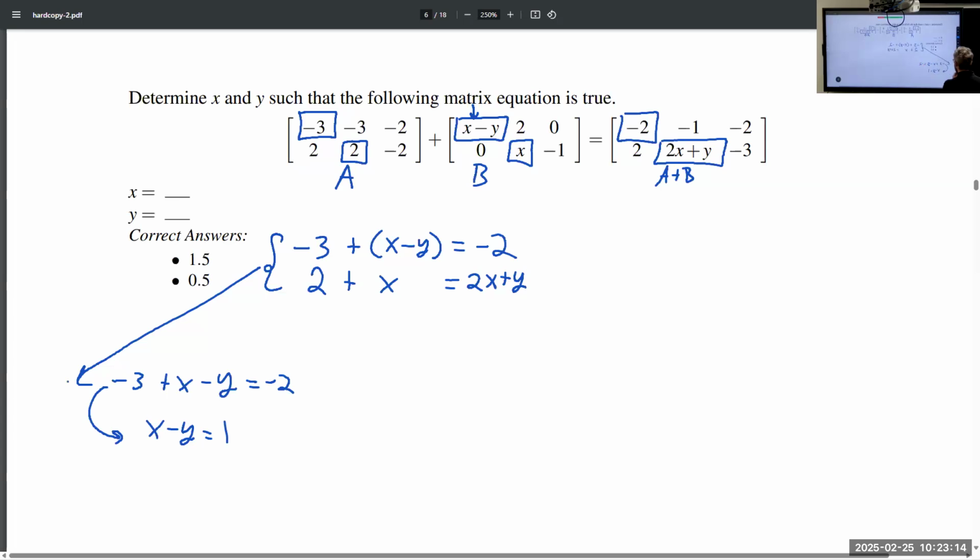I'm just moving the 3 to the other side. Maybe I should switch colors so it's clear what I'm doing. I'm going to rearrange this. I want all the x's and y's on the same side. So I think I'm going to subtract x on both sides, and that would give me x plus y equals 2.